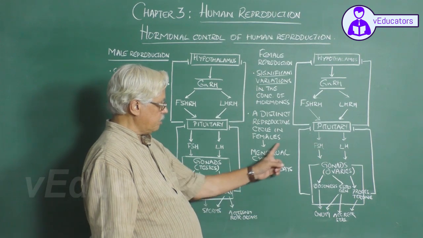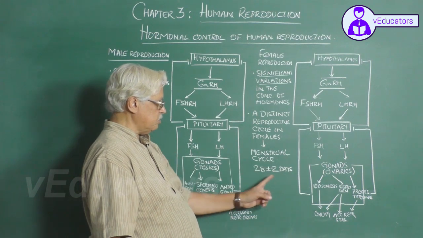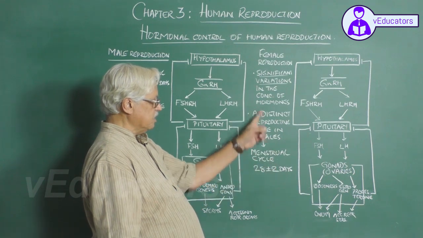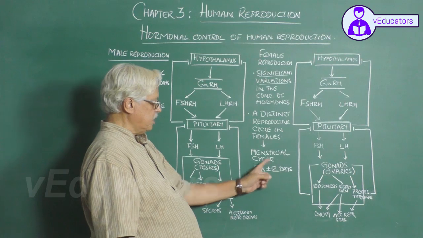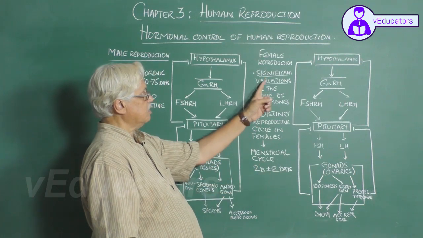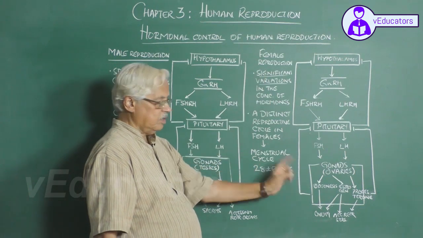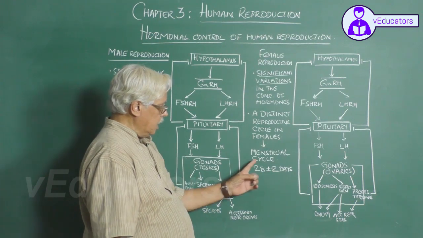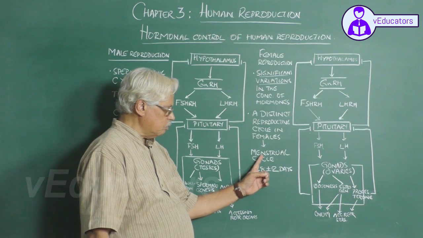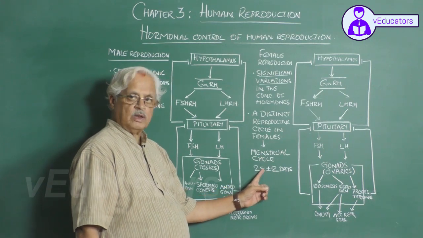So regularly over a period of 28 plus or minus 2 days, these cyclic events repeat. Therefore, during this period of 28 days, you see significant variations in the concentration of these hormones. In the next class, we will go into more details about the menstrual cycle.